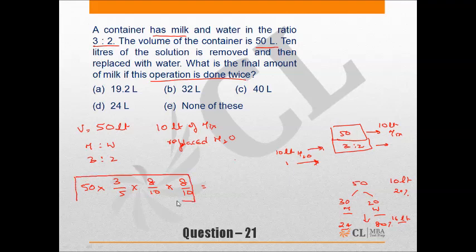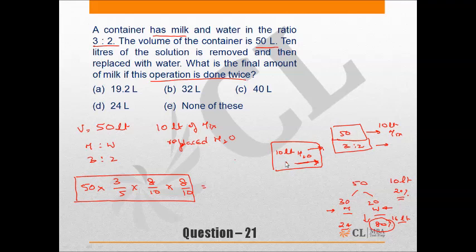The key thing again here being that when you are removing 20% of the mixture, you are removing 20% of milk and 20% of water, or you will be left behind with 80% of milk and 80% of water. So in every operation there will be a reduction of 20%, or you will be left behind with 80%. Now since you are adding water, while some amount of water is going out, you are adding some amount of water, no milk is being added.